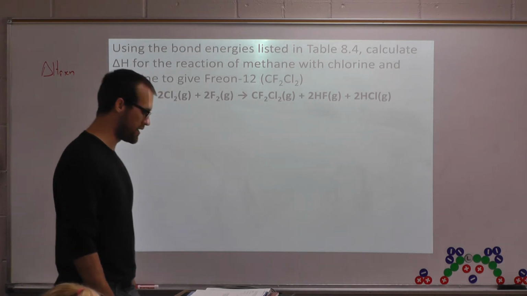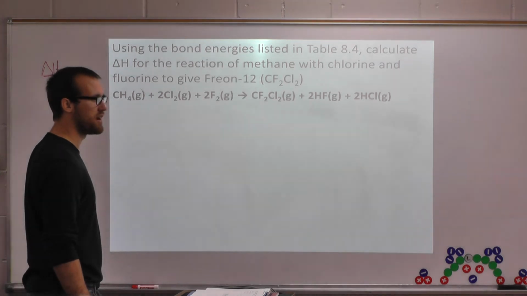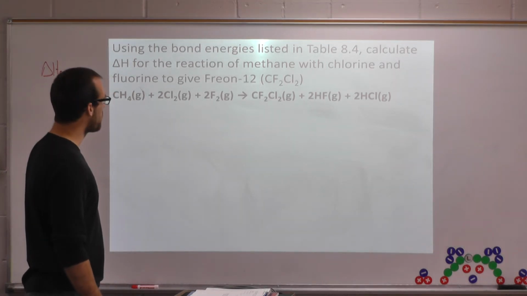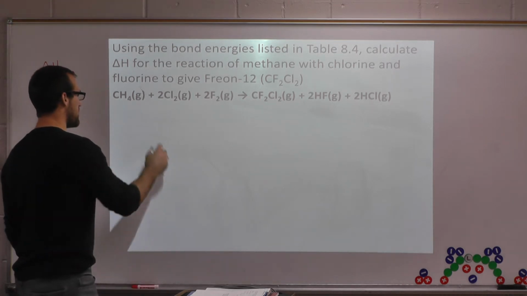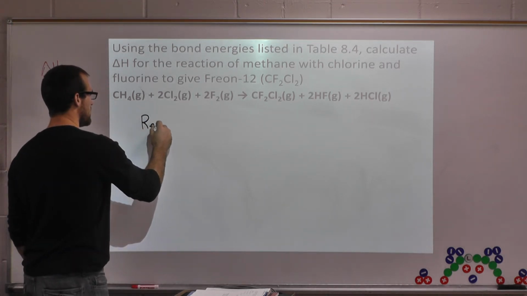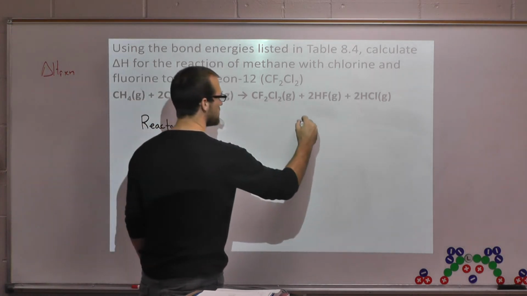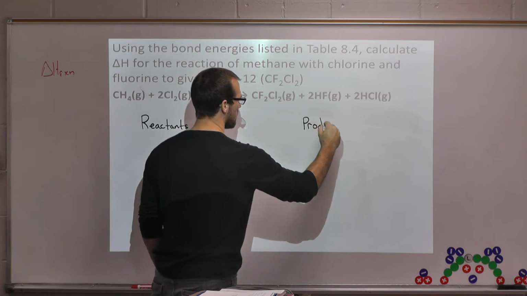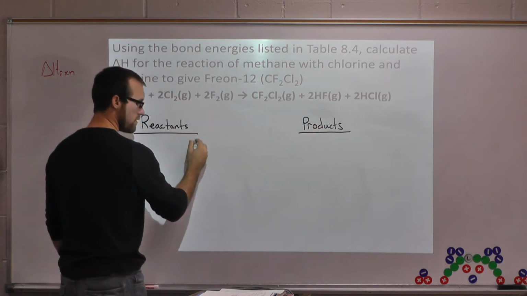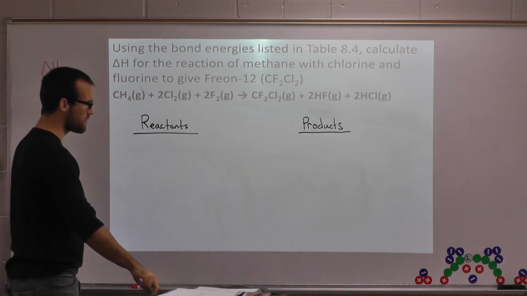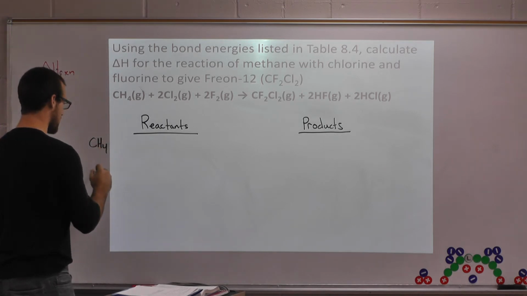For the sake of time, let's go over this together. We're trying to, again, find the enthalpy for the reaction, but we're going to do it with the bond energy. With stuff this big, I usually break it down into finding the bond energy of all the reactants and finding the bond energy of all the products. Okay, so I just write down, what are my reactants here?